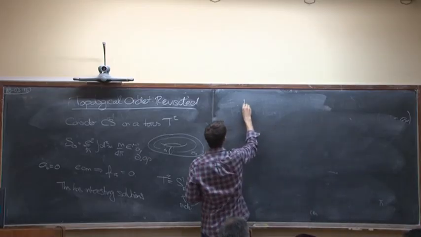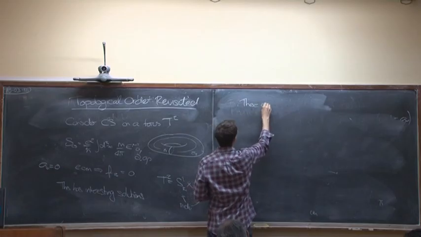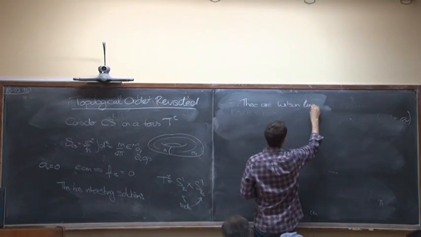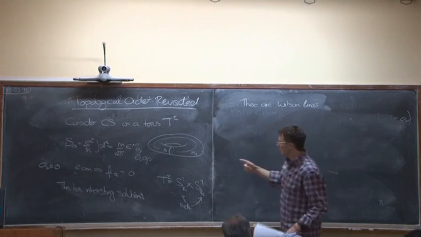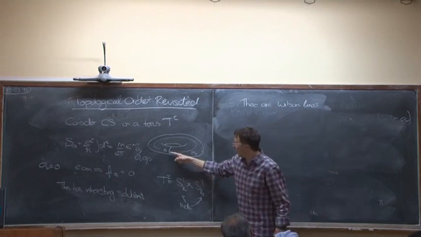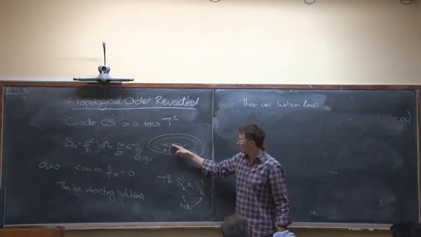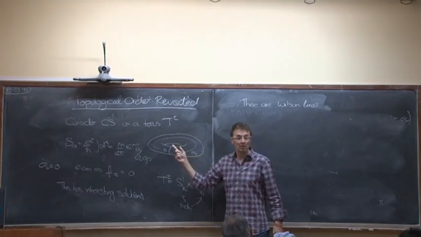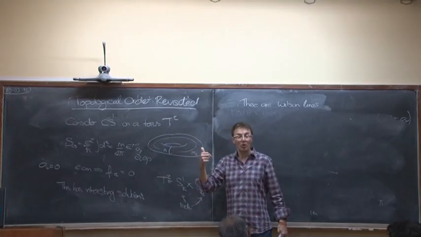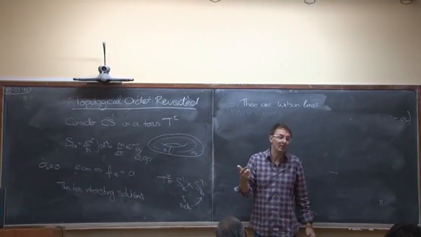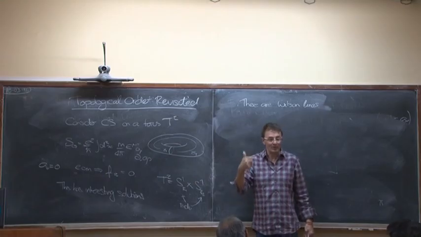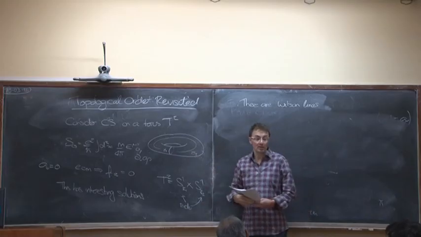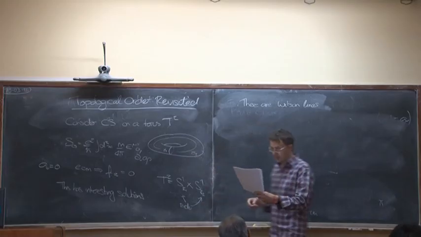The solutions are the Wilson lines. Well, let me tell you firstly how you think of the solutions. The solutions are just A1 is constant around here, and A2 is constant around here. Now, specifying A1 and A2 is not a gauge invariant statement. So rather than specifying A1, I'm going to try and write down a gauge invariant object that captures this information. The gauge invariant object is the Wilson line.